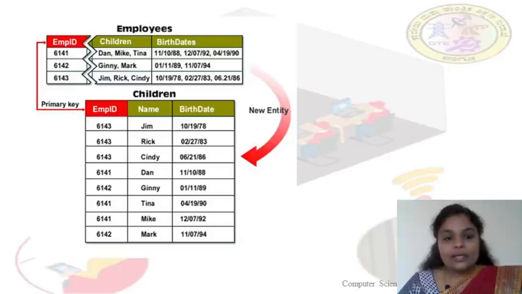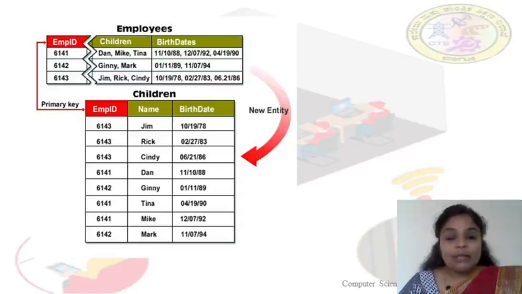Employee ID 6141 has 3 children. They are Dan, Mike and Tina. And their corresponding dates of birth are 11th of October, 12/7/92 and 4/1990. In the children field, you can make it out, there are 3 children for the particular employee 6141.